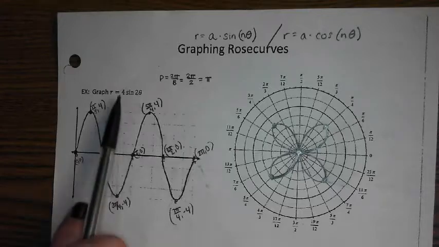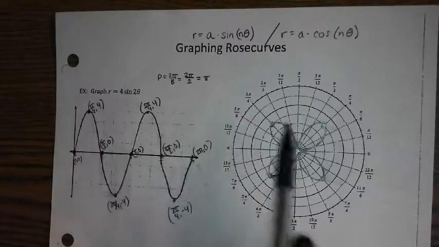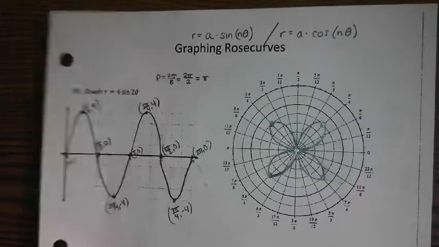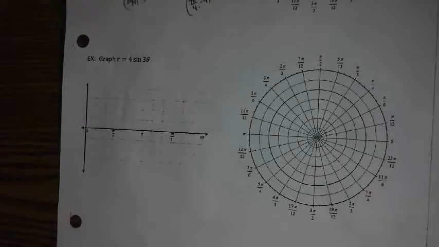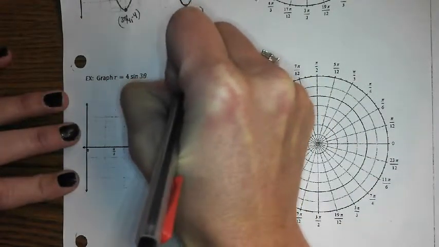Because if this had a smaller amplitude, that would just make your petals go out less. Or if it had a larger amplitude, your petals would just go out more. Okay? N is going to be a little bit trickier, which we will see as we look at more examples. So we'll talk more about that. Okay, here we have 4 sine of 3 theta. So our period here is 2 pi over 3.